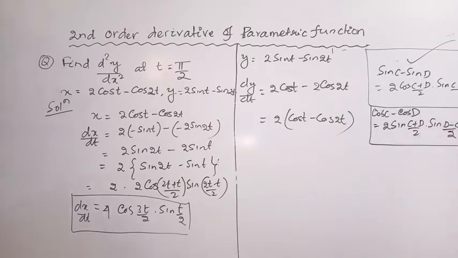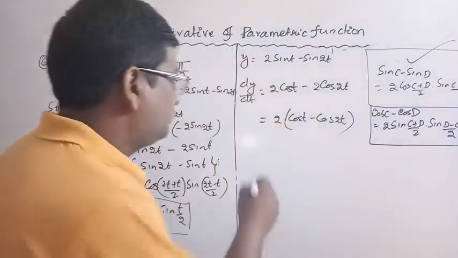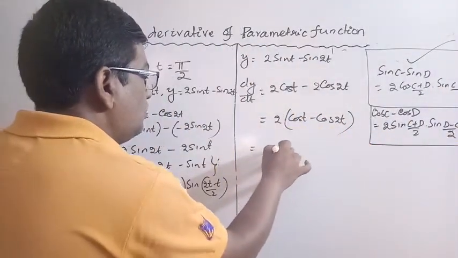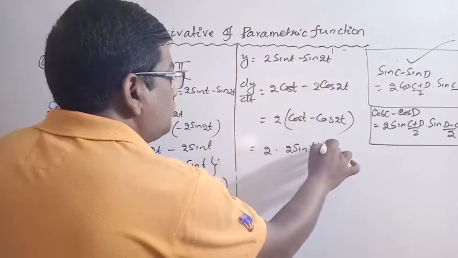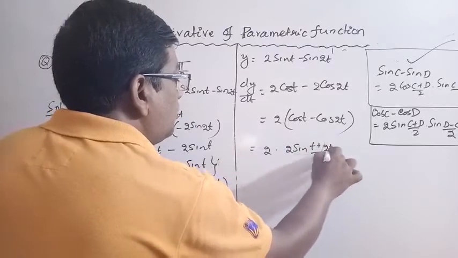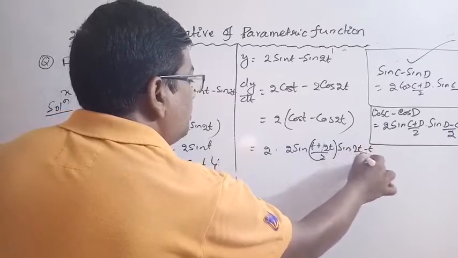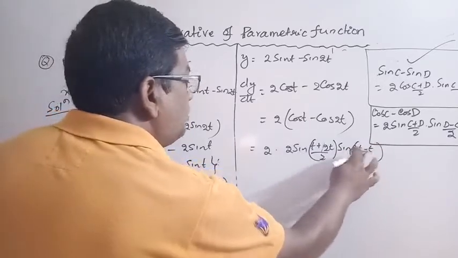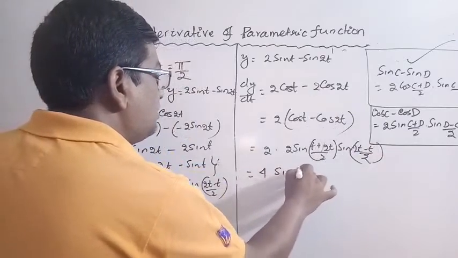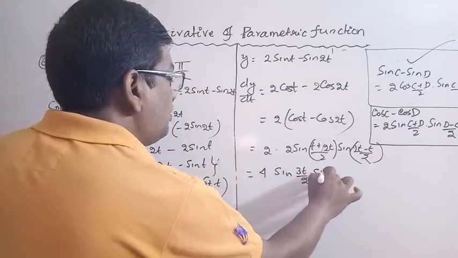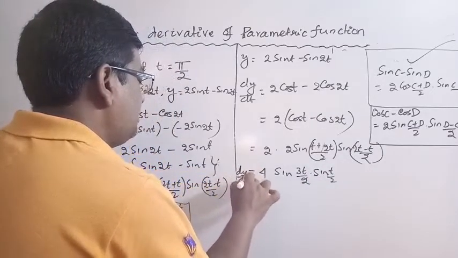So this is 2 into 2 cos 2t plus t by 2 into sin 2t minus t by 2, which is 4 cos 3t by 2 into sin t by 2. This is dx by dt.